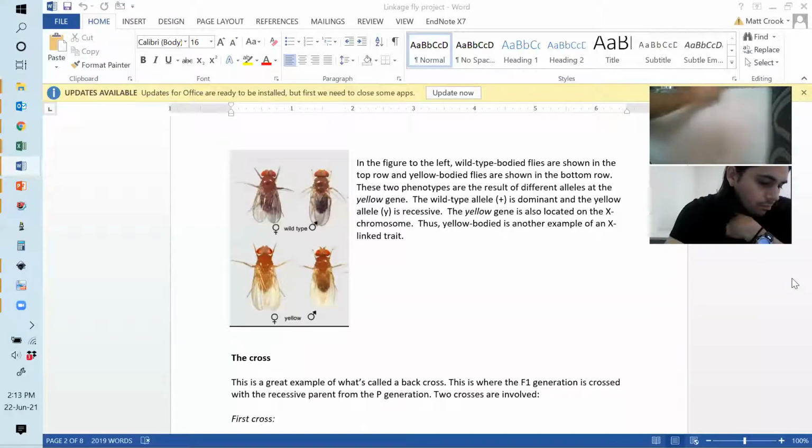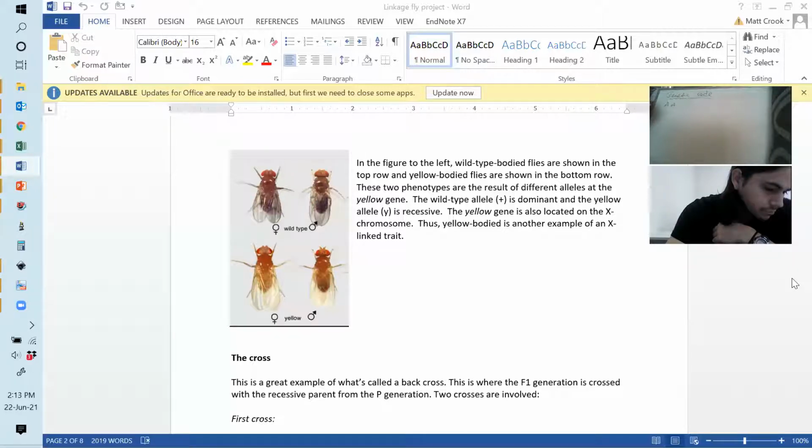Let's just put genetic code. So if you want to write down an individual that is homozygous dominant, you could write like so, which is kind of the form that we've been using to date and probably the one that you're most familiar with.